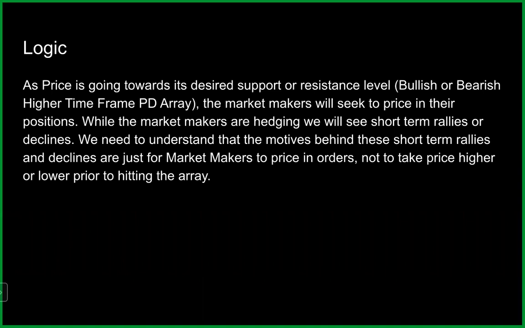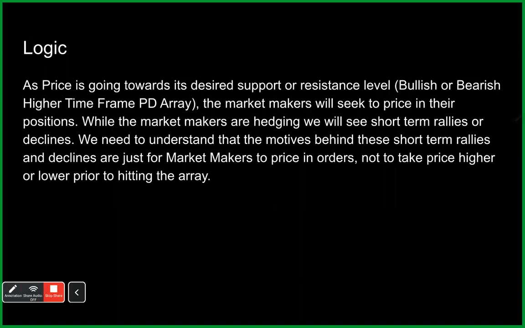As price is making its way towards those levels, the market makers will seek to price in their positions. While the market makers are hedging, we will see short-term rallies or declines. We need to understand that the motives behind these short-term rallies and declines are just for market makers to price in their orders, and their intention isn't to take price higher or lower prior to hitting the array.